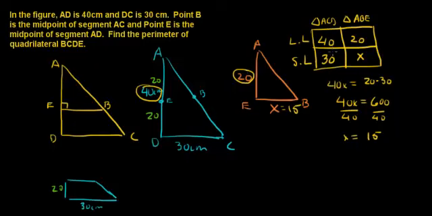Could also apply the idea of scale factor. 40 to 20, 30 to 15. Scale factor is 1/2 in this case. But this helps in the fact that now I know that EB is 15. Now, that still leaves us with the question of what is the length of AC? Well, there's a couple different ways.